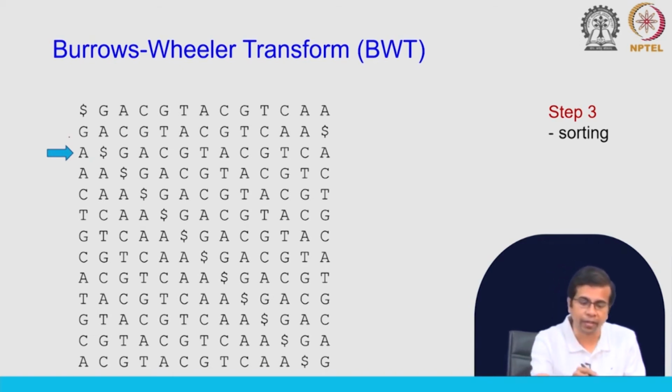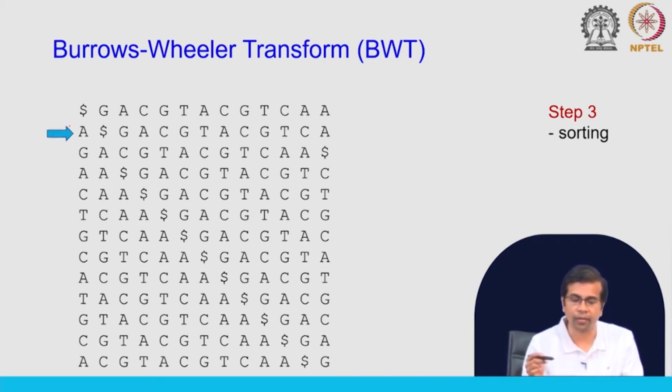So, this is the one that should be taken up. We will move this here, and this will form the second string. So, this is the first, this is the second. This is the sorted part. First two are now sorted. Now, we have to sort the rest of the matrix. For the third position, what do we have?